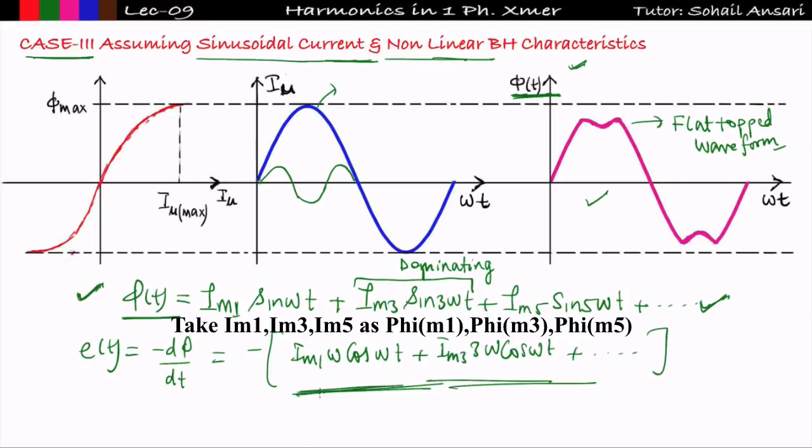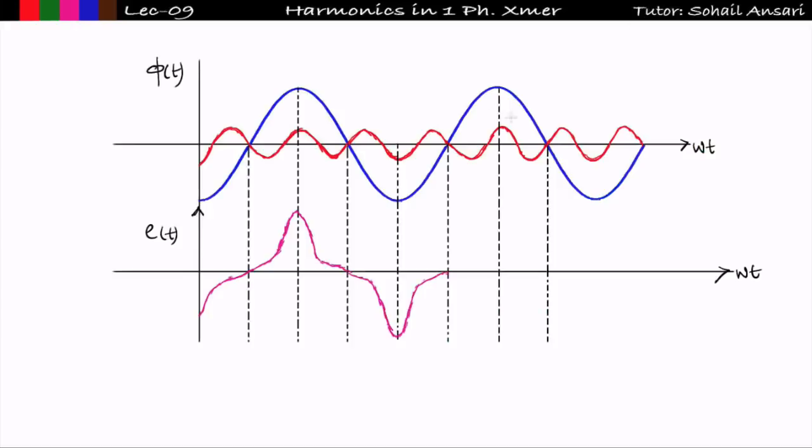Now I want to draw the waveform of this EMF. How the EMF will look like? In case 1 and case 2, since the flux is sinusoidal, therefore EMF also I am getting sinusoidal, right? But in this case, since flux is distorted, it contains harmonics, therefore it is pretty much necessary that we should know the waveform of EMF also. So see, if I will draw the waveform of this, how the waveform will look like? The waveform will look like this.